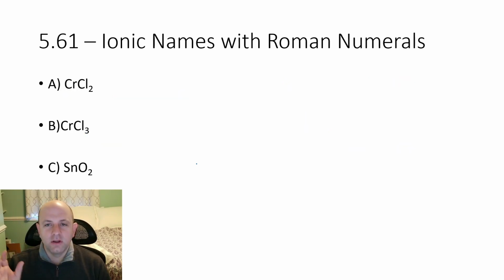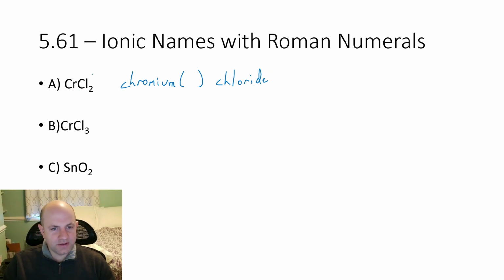These, we're told, are compounds that have metals with more than one possible charge, so we know that they're going to need Roman numerals to tell us that charge. All right, so when we look at this, Cr is chromium, so I'll just write chromium. Leave a space for the Roman numeral, and then, okay, Cl is chlorine, becomes chloride.